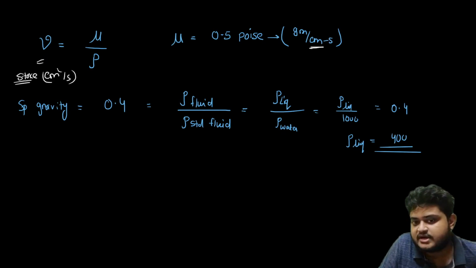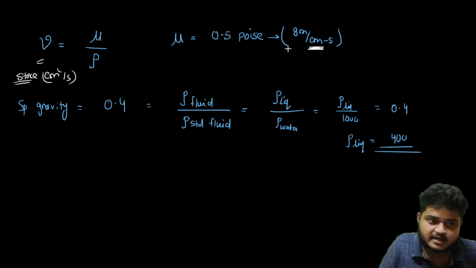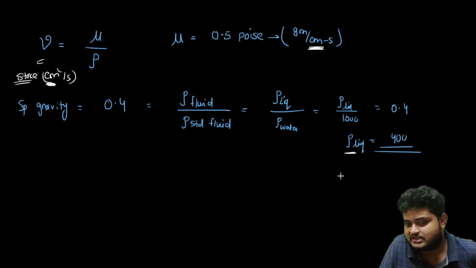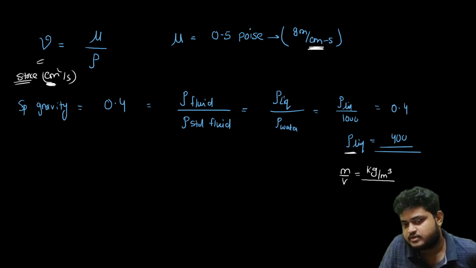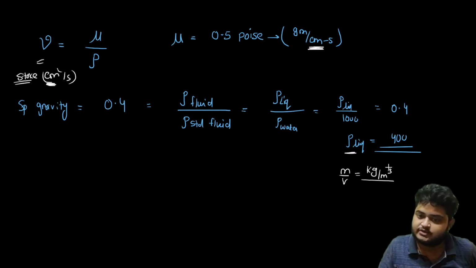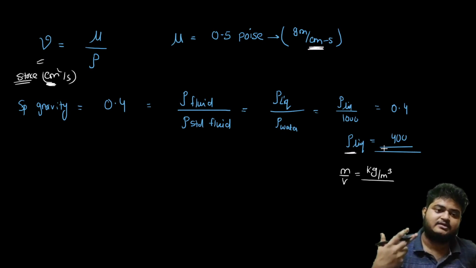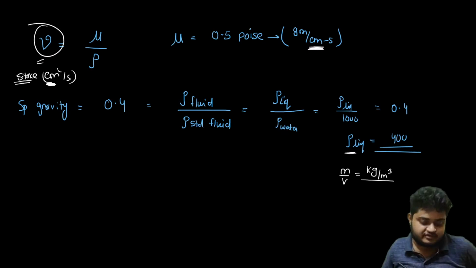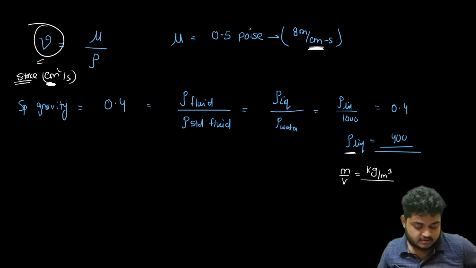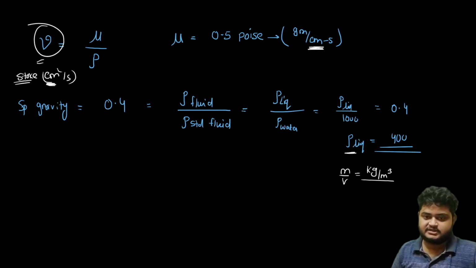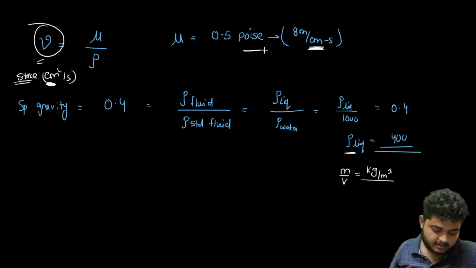We need the answer in centimeter square per second, but the problem is in the rho. What is rho? Rho is mass upon volume, that is kg per meter cube. We have to convert this into gram per centimeter cube. Then only we can calculate the kinematic viscosity in the unit of Stoke. Yes, Newton per meter second is right, but the thing is, it is given in poise, so you have to convert this.